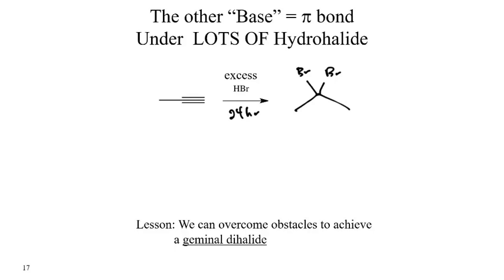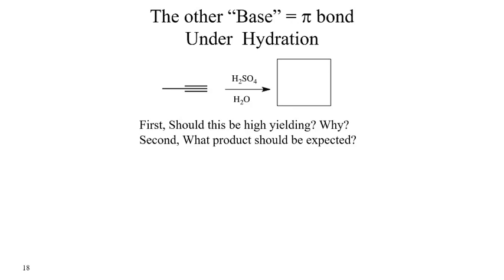What we're more concerned about is, what if we use the other nucleophile? What if we used oxygen? Would we expect this one to be high yielding? Why or why not? Well, in this case, we might say it's going to be lower yielding because it's harder to get it initiated. We're still going to have that sp2 carbocation.